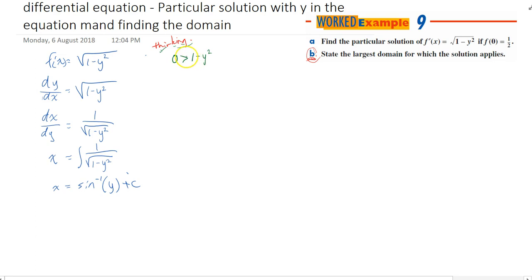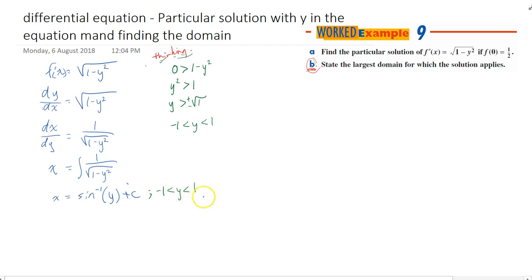And then if I work on solving this, I'll have y squared must be less than 1, and then y is between plus or minus the square root of 1. So that means that -1 is less than y, which is less than 1. So that's an important part of this bit here. We'll use that a little bit later on.